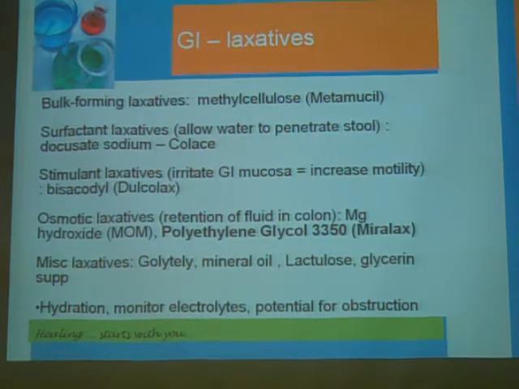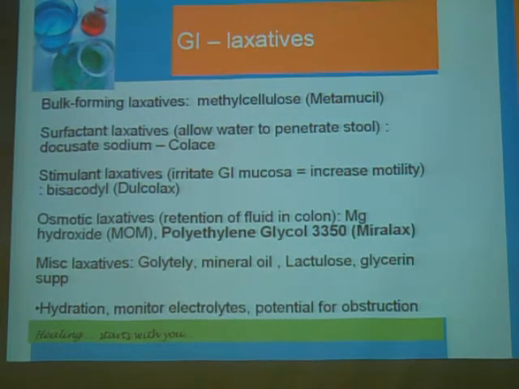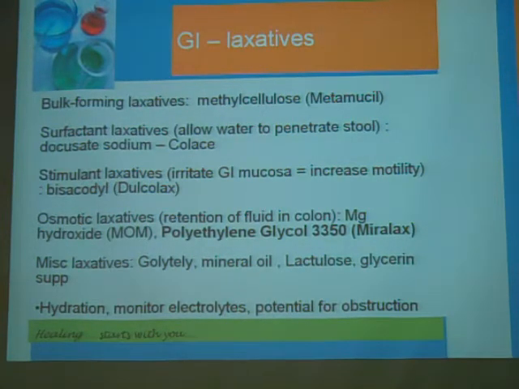Next group, stimulant. Stimulant is what people sometimes abuse if they want to lose weight. Basically, it causes an irritation on the GI tract. It works for a time, but it can be habit forming. If a person relies solely on a stimulant and they don't exercise, they don't eat right, they don't drink water, the body will get used to it and it won't work.